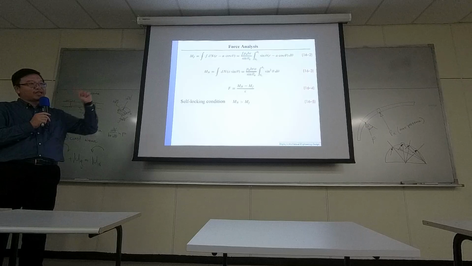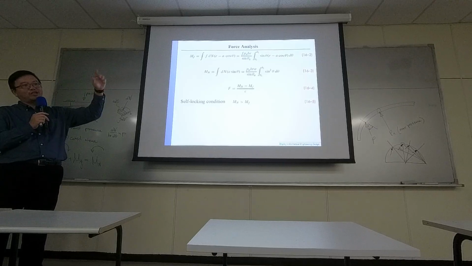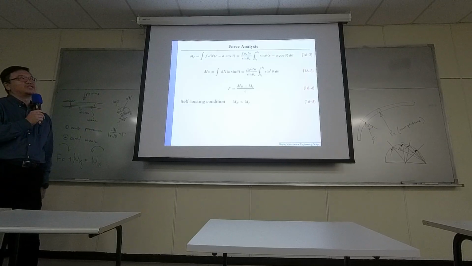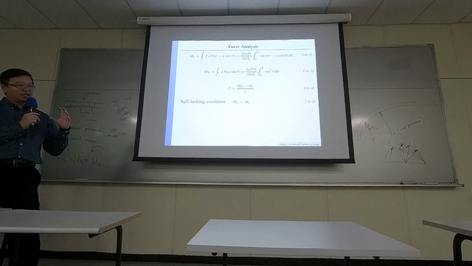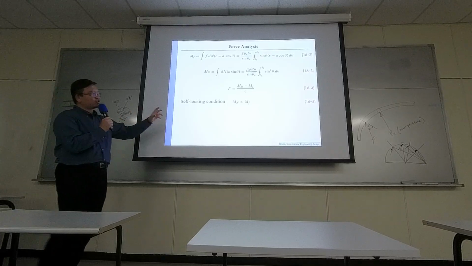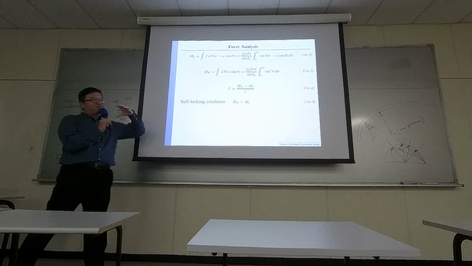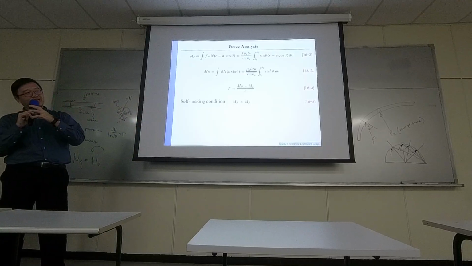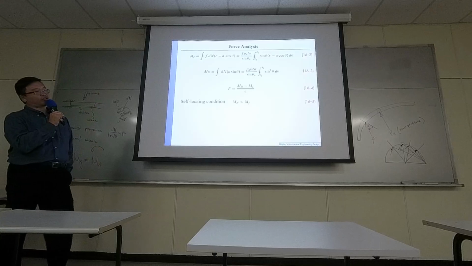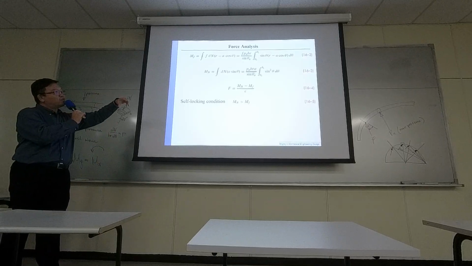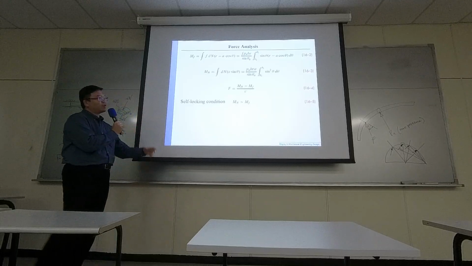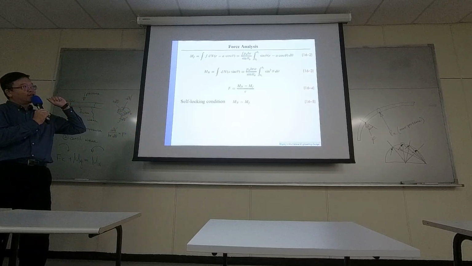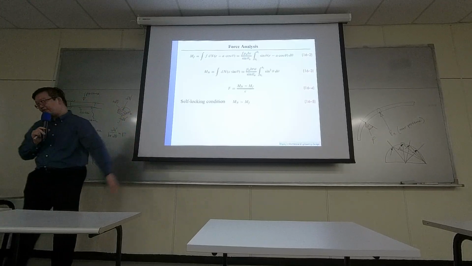There's always a positive force applied to the inner ring, so that you can have enough force that allows proper connection between the inner structure and the outer structure. So when you design the clutch, you want to make sure you have this self-locking condition.